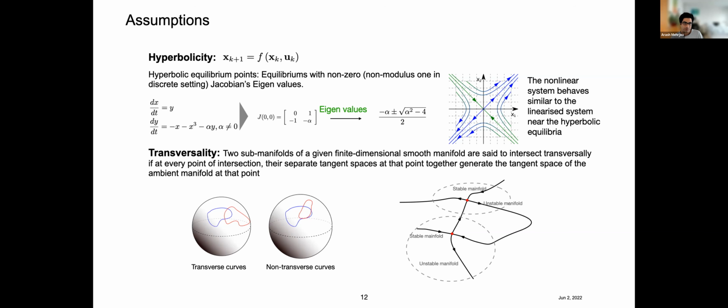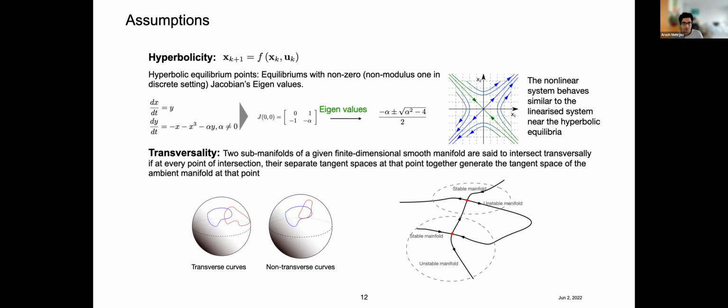Because if it was zero, then a small change would change the nature of the equilibrium. Whether it's positive or negative actually changes the nature of the equilibrium. However, if it's non-zero, then a small change does not change the nature: if it's negative, it remains negative, and if it's positive, it remains positive.